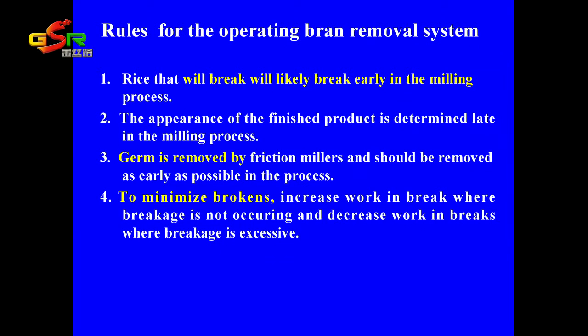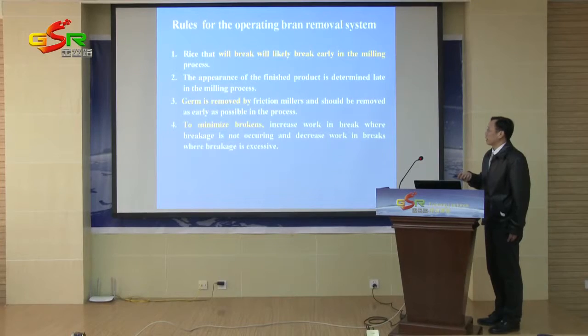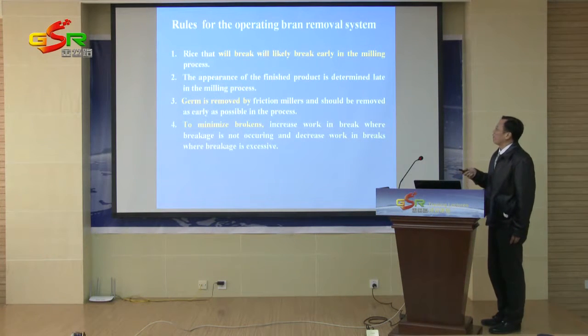And there are some rules for operating the bran removal system. The first is that rice will likely break early in the milling process. Second, the appearance of the finished product is determined later in the milling process.